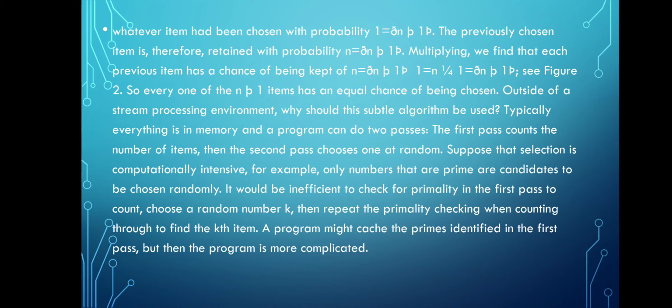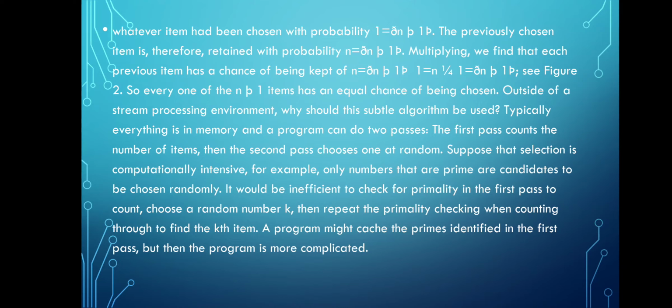Multiplying, we find that each previous item has a chance of being kept of 1/n times n/(n+1), which is 1/(n+1). So every one of the n plus 1 items has an equal chance of being chosen.